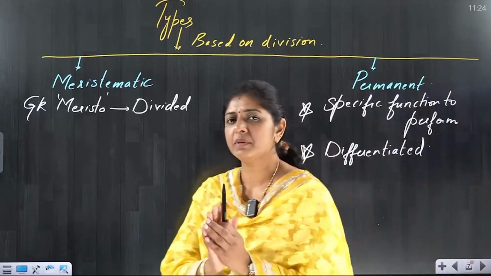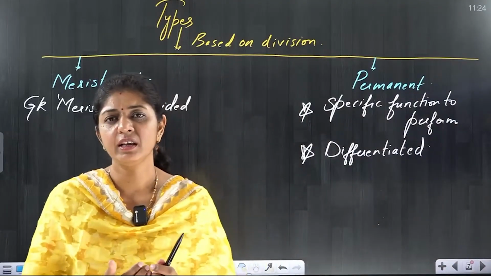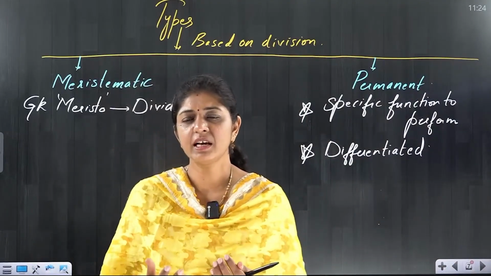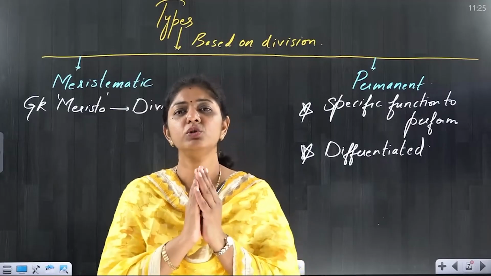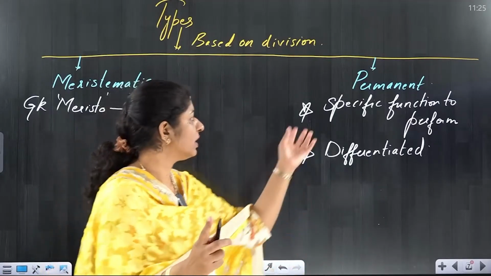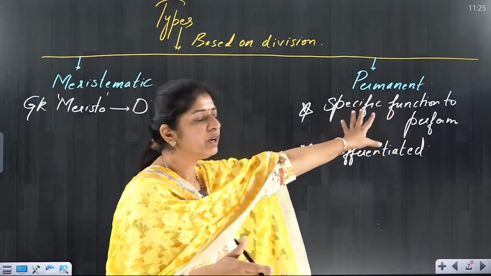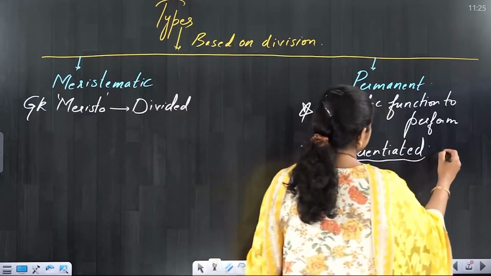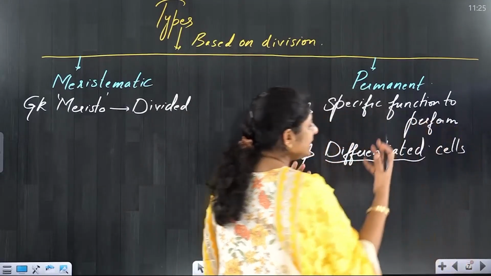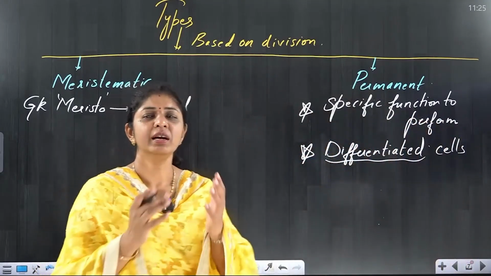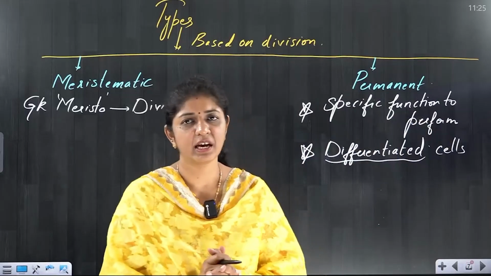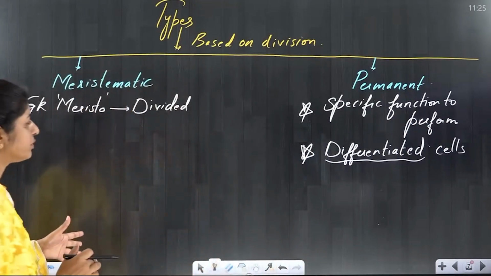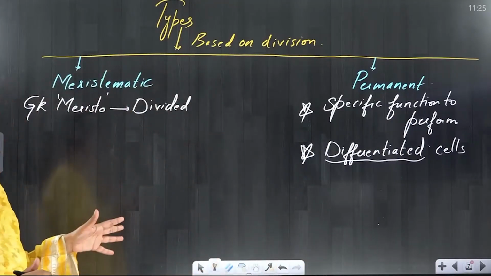Now at least do remember, the cell which keeps on dividing, you call it a meristematic cell, and the cell which cannot divide, or usually does not divide, you call it a permanent cell. Without division, you call them differentiated cells. Means that tissue is made up of which type of cell? Differentiated cells. Are you getting that? So basically the types we have discussed are based on division.